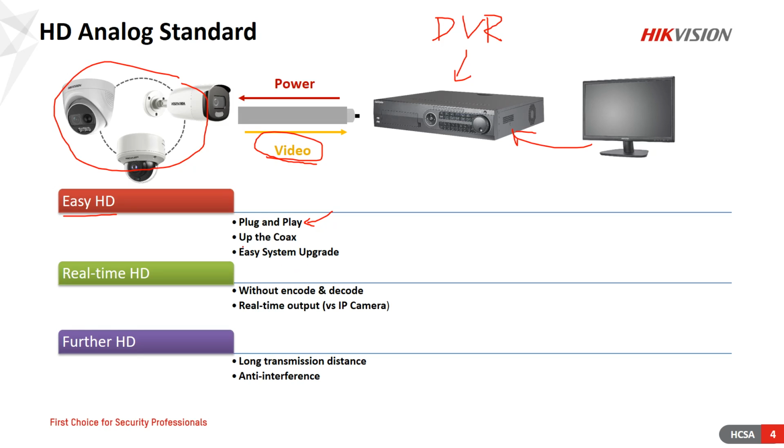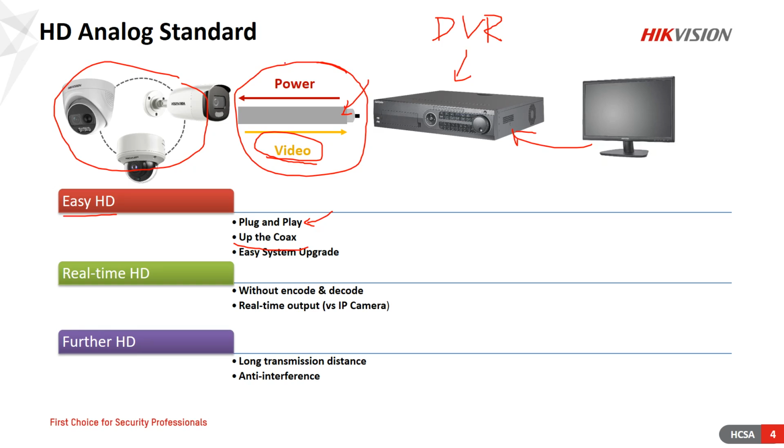And the second thing is up-the-coax technology, which means here, this cable is the transmission medium, which is the coaxial cable. The camera is going to transmit the video and the audio back to the DVR on this cable.